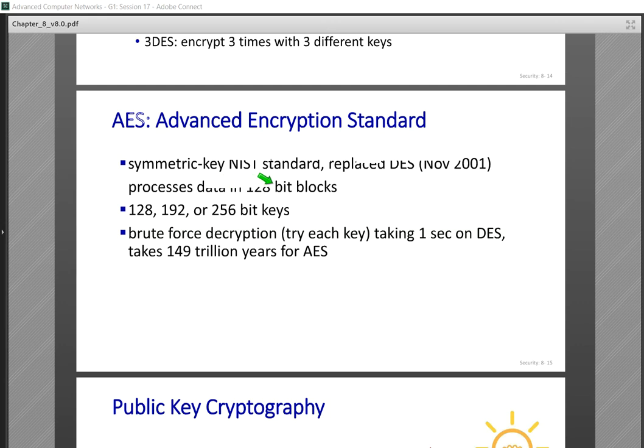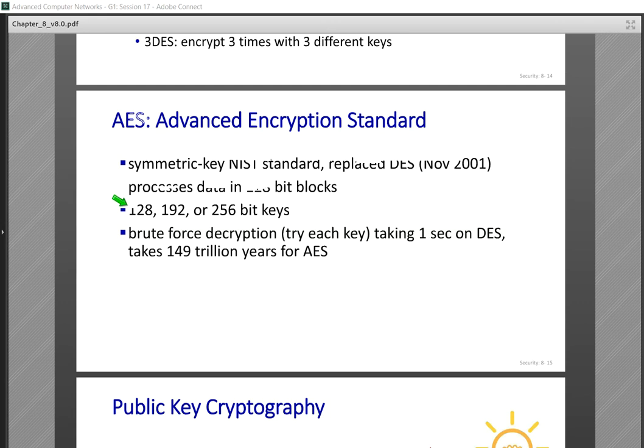To replace this strategy. The AES standard is using blocks of data with 128-bit length, and in this standard, I can use keys with 128, 192, or 256-bit length.